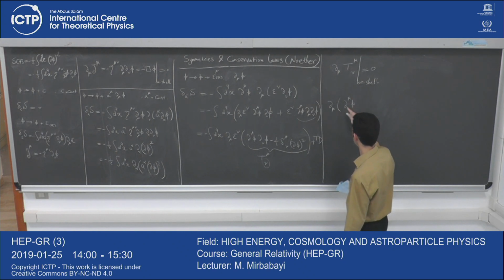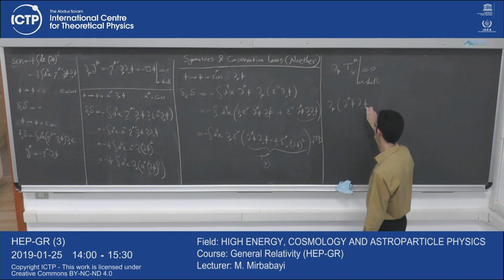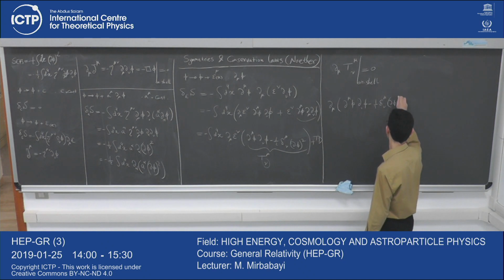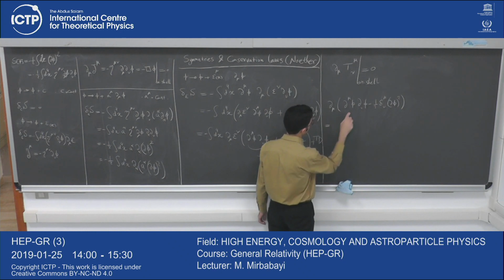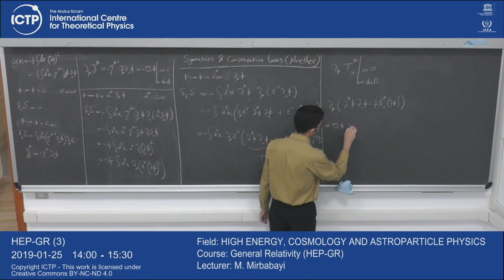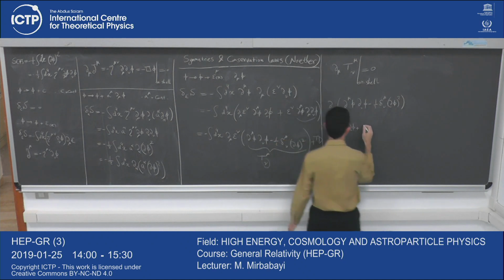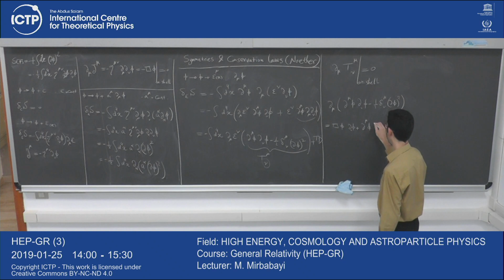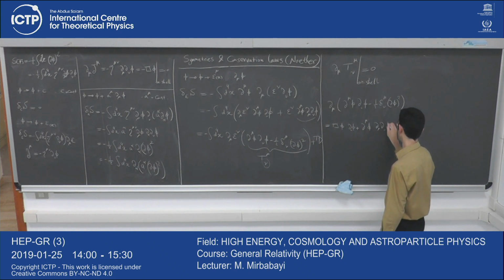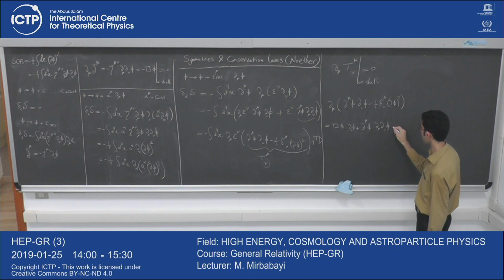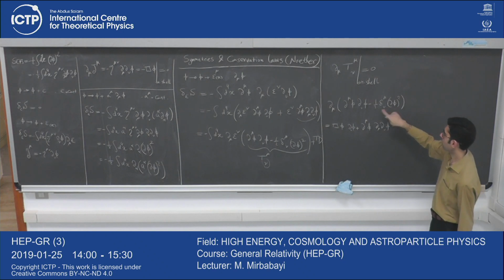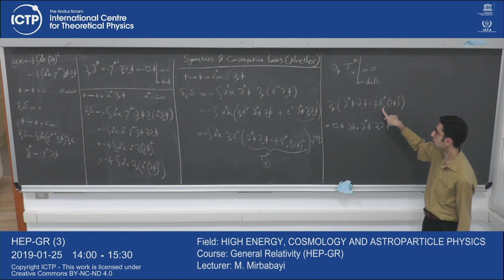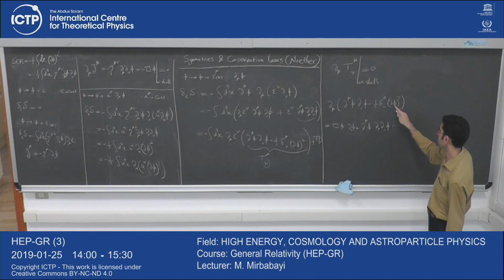If I calculate d mu of T mu nu, this is equal to box phi times d nu phi plus d mu phi d mu d nu phi minus, when the derivative acts on this, first mu becomes nu because of the delta mu nu, and then it can act on both of these two.